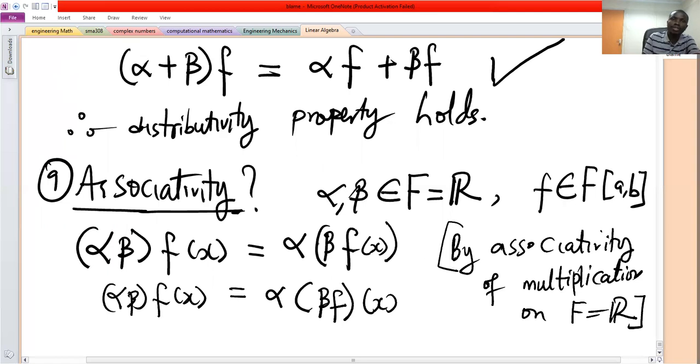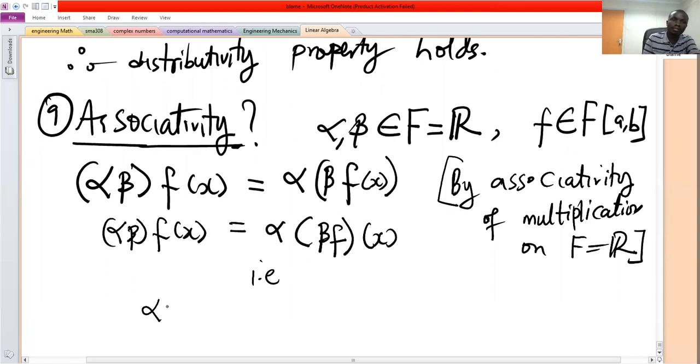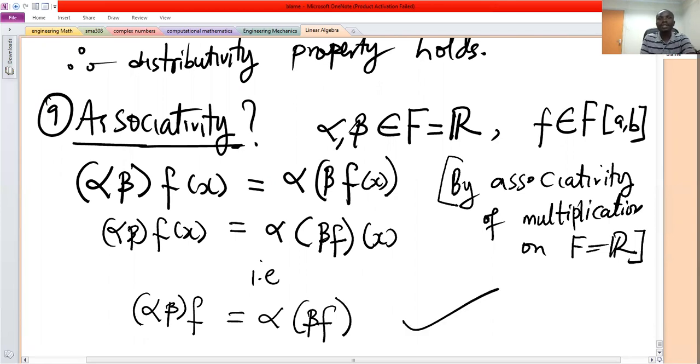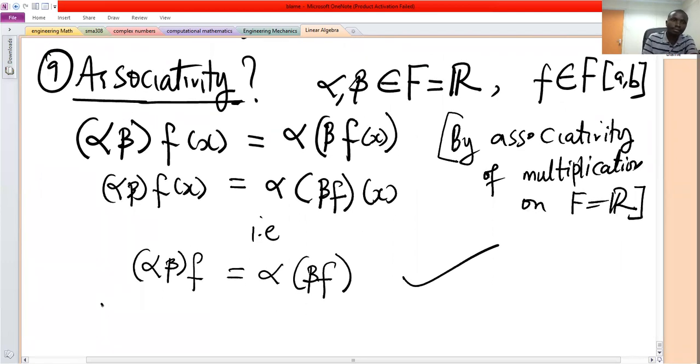That's why I'm able to change the location of the brackets from this point to this point here. i.e., this is the same thing as saying alpha beta times f is the same as alpha times beta f. And this is the associativity that we wanted to prove. So therefore, associativity holds.